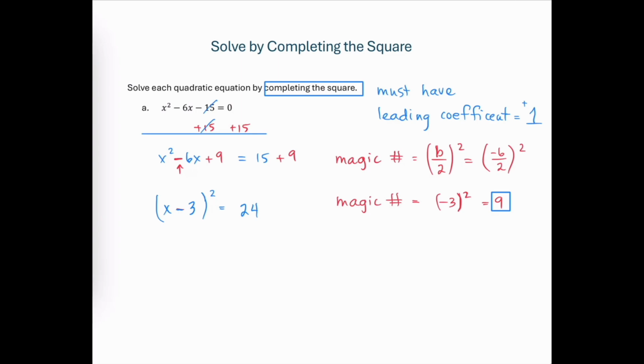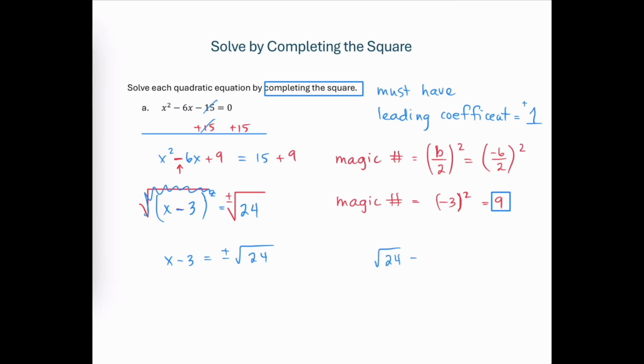And now let's recall we're trying to solve for x, and what we have is a quantity squared in terms of x. And in order to isolate this x, the next thing that we're going to do is to take the square root of both sides. So when we take the square root of both sides of an equation, that square root comes along with a plus minus, and the plus minus goes on the constant side, not the side with the variable. The square root of a quantity squared, these two operations cancel each other out, and we're left with x minus 3 on the left-hand side and plus or minus the square root of 24.